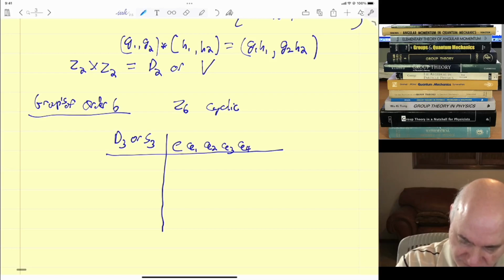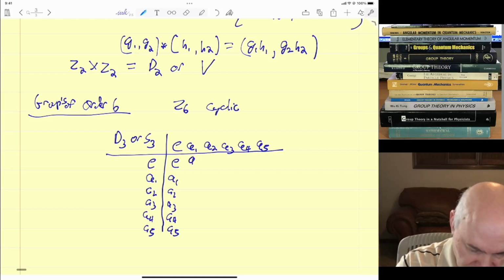I'm just going to use subscripts now to label the elements. It's not easy in this multiplication table to see the pattern, and I'll give a much better way to see what's going on here, but I just want to write this down for reference.